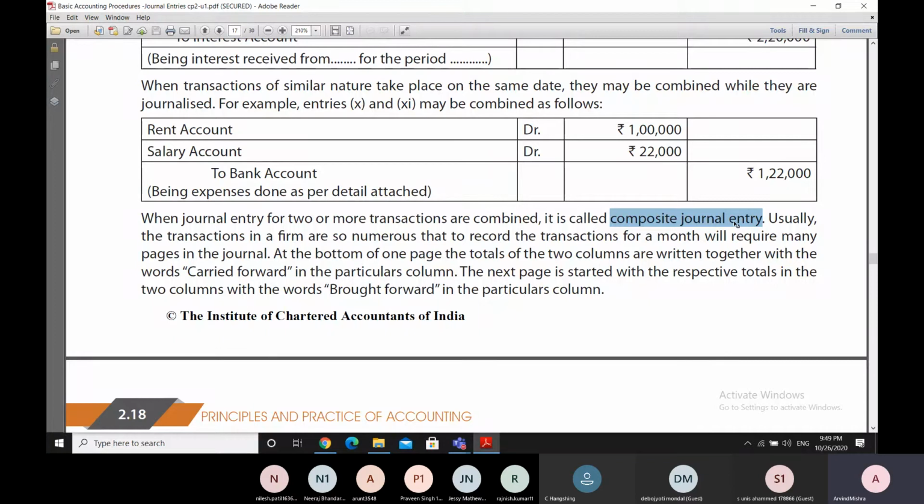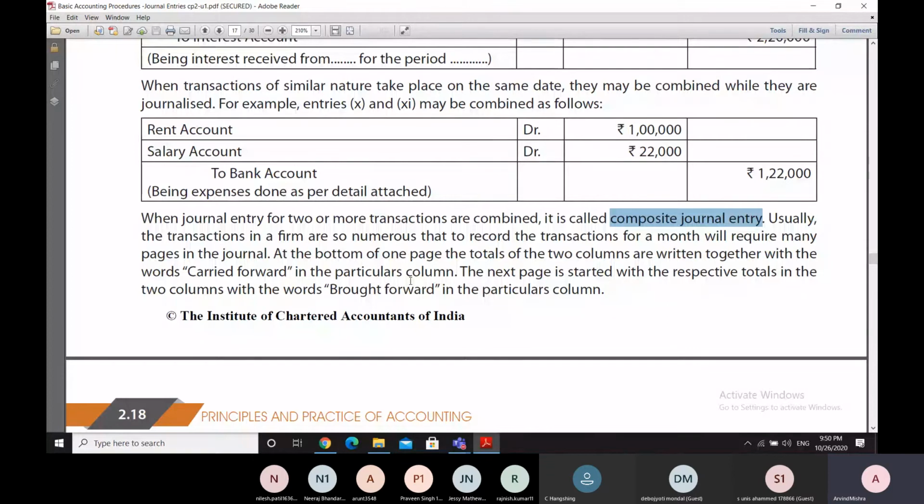Usually the transactions in a firm are so numerous, happening so many times, that to record the transactions for a month will require many pages in the journal. So therefore, at the bottom of one page, the totals of the two columns are written together with the words carried forward in the particulars column. As we are seeing, there is a particulars column there.